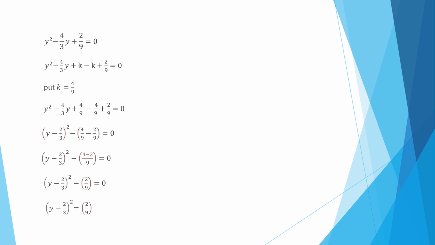So we write 2 by 9 here. After solving this equation, (y minus 2 by 3) square is equal to, this minus 2 by 9 becomes plus 2 by 9. So (y minus 2 by 3) square is equal to 2 by 9.